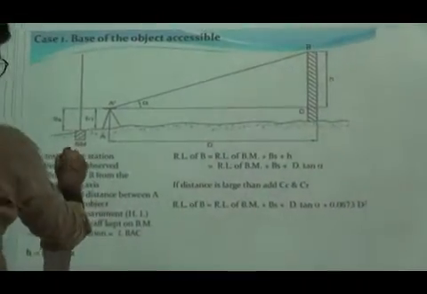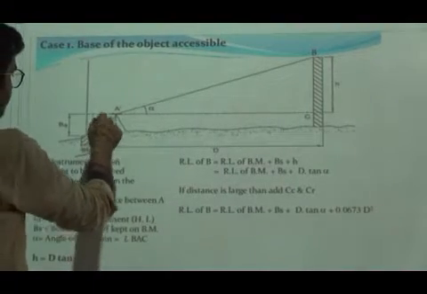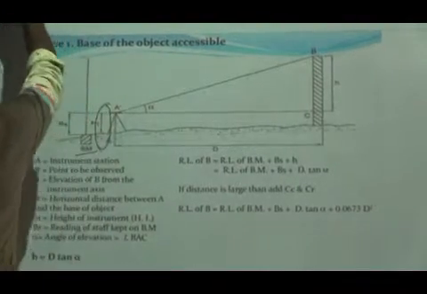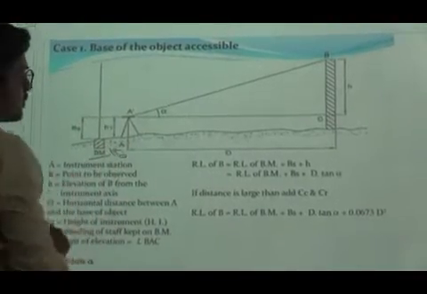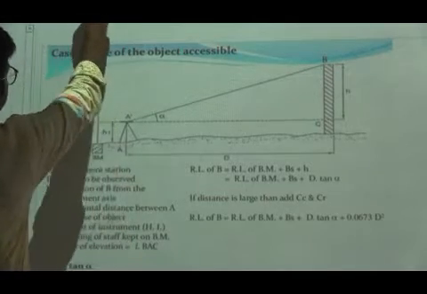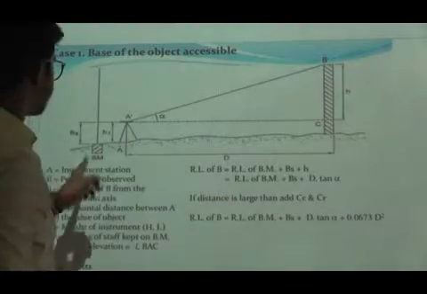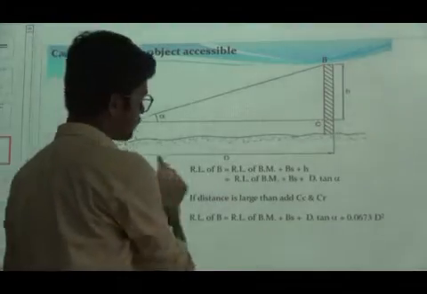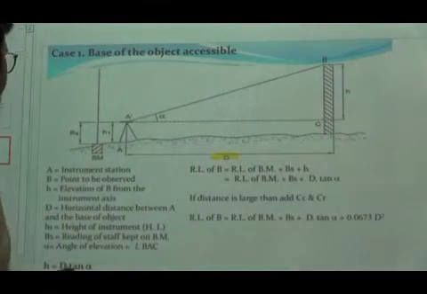We have the BM at this point, and the backside reading is H1, and we have to measure the distance D by using chain or tape.